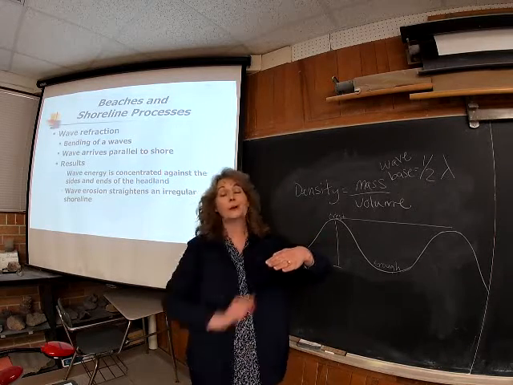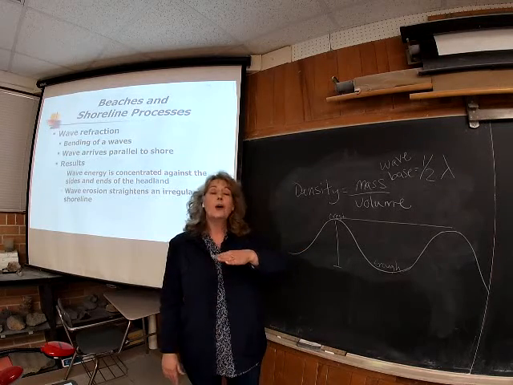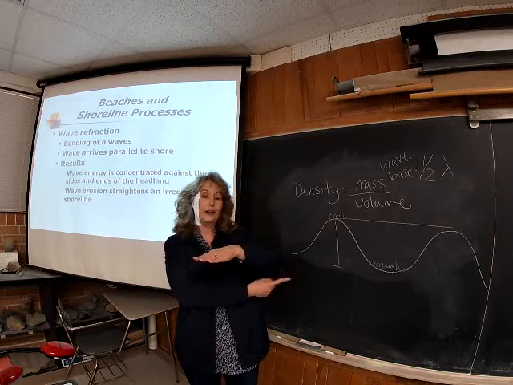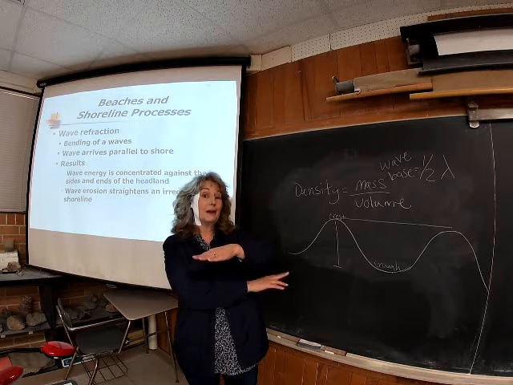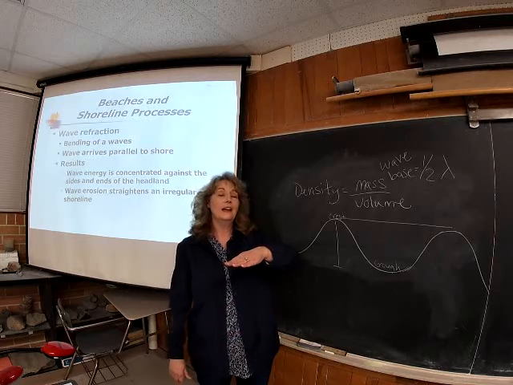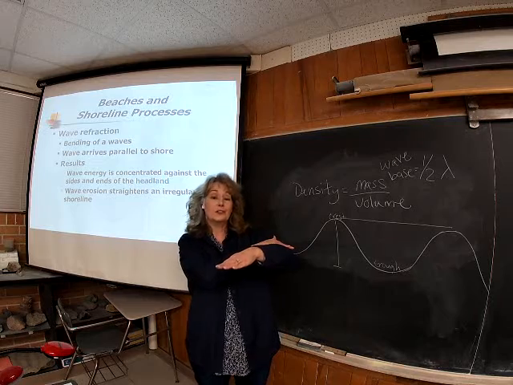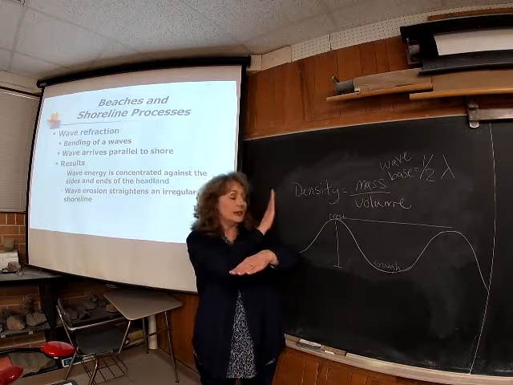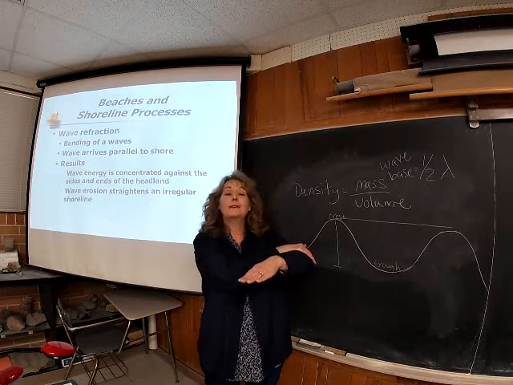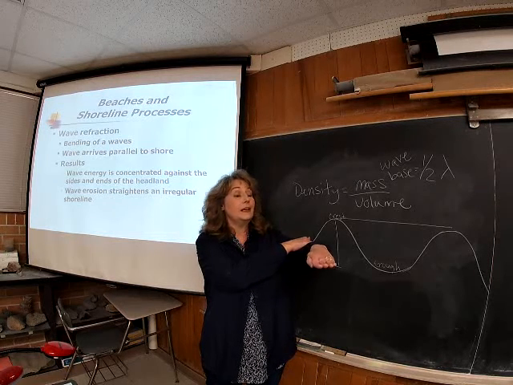Let's say the shore's up here by the blackboard, and here's my wave coming along. Well, this part of the wave is going to reach the bottom of the sea floor towards your shoreline. It's going to be a little shallower. This part of the wave is going to hit first. So your wave's coming along, it's going to hit here. This part of the wave is going to slow, but the rest of it's going to continue on unimpeded, right?